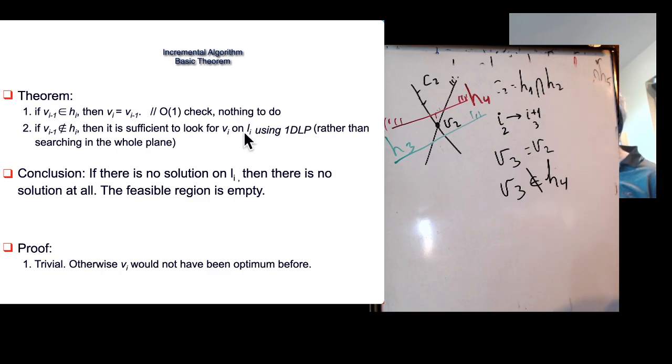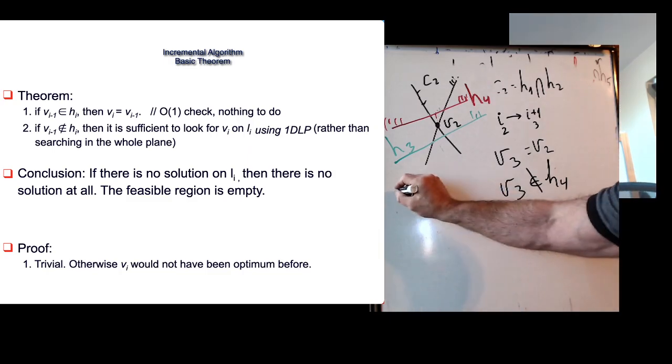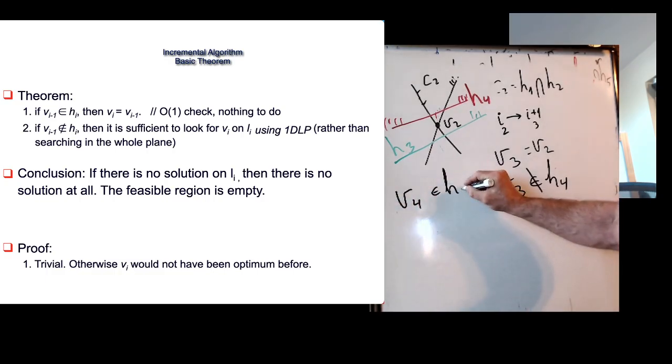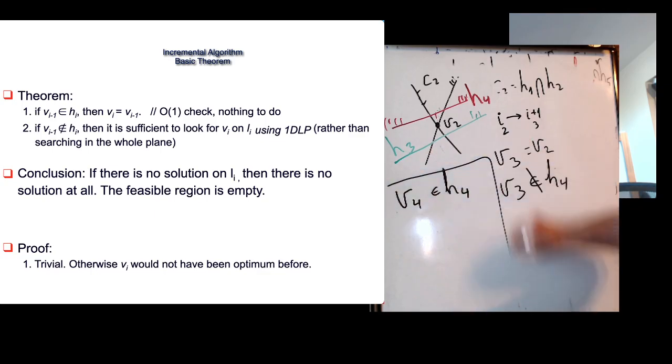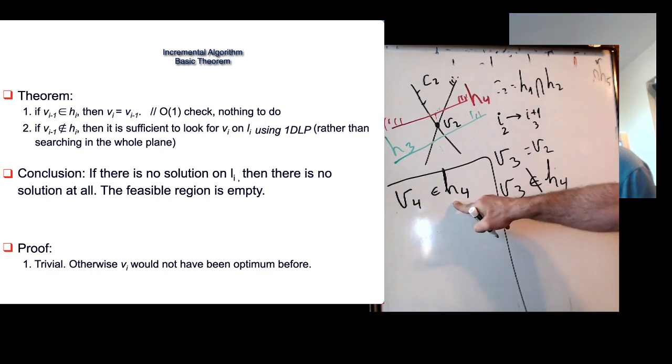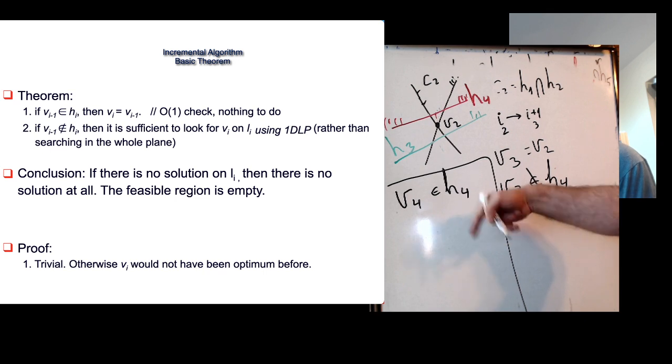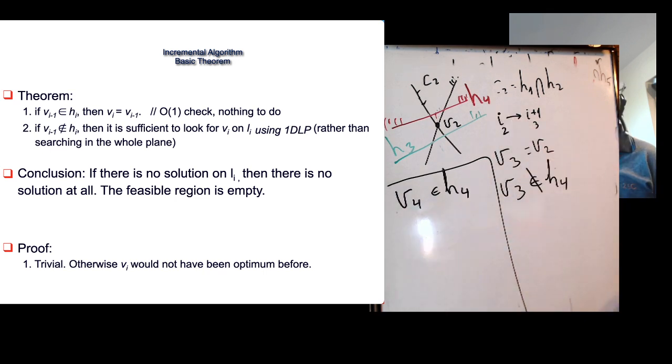We know that V4 must be, obviously, inside H4, of course, because it should be inside H1 and inside H2 and inside H3 and inside H4. It should be inside H4.